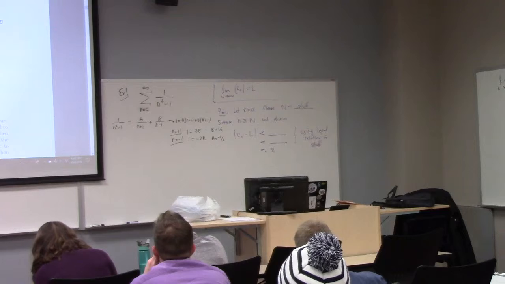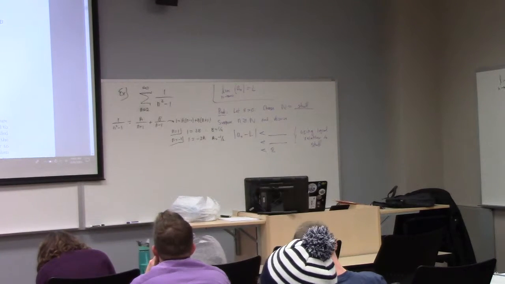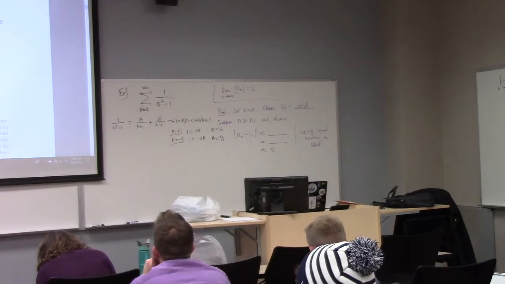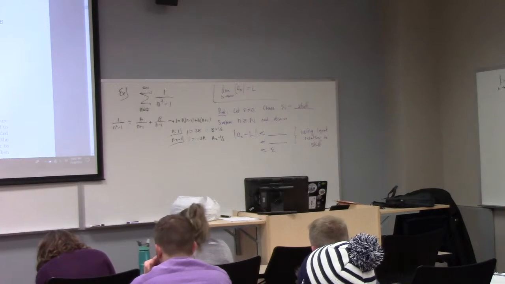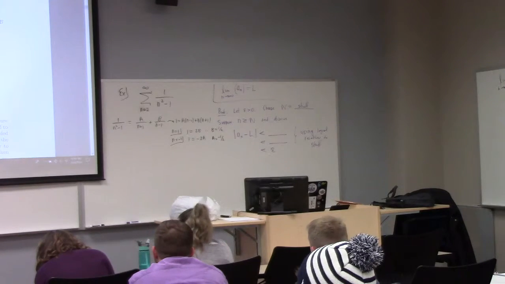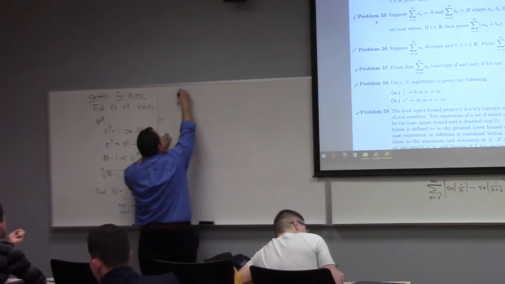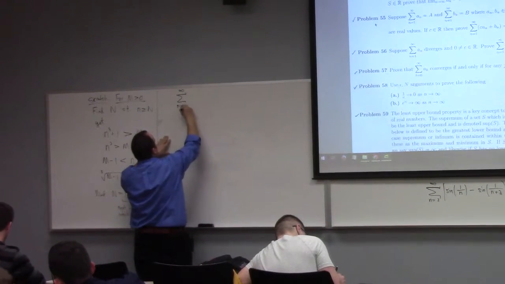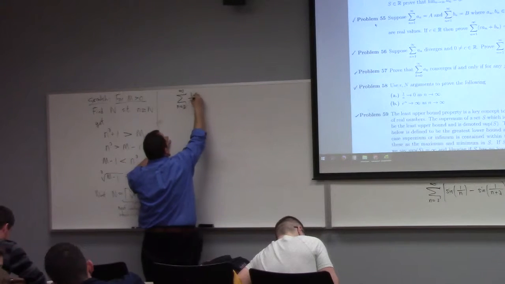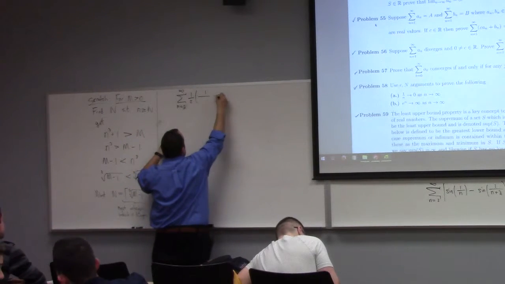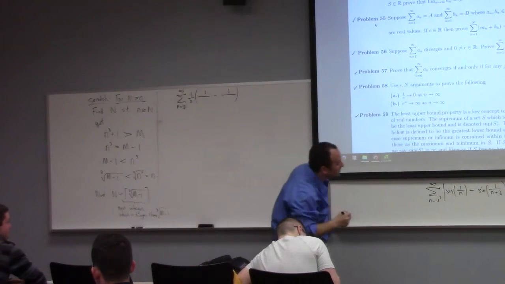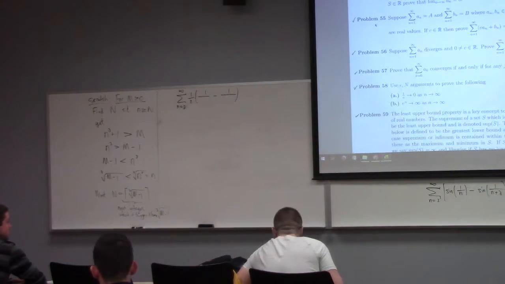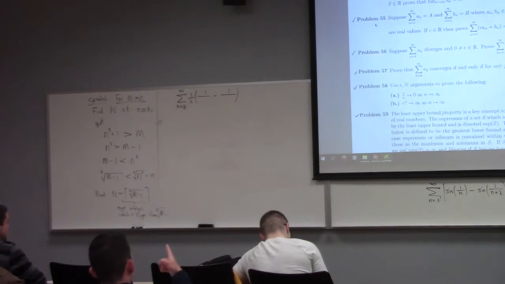Let me write it over here. So what we're really looking at is the sum, n equals 2 to infinity, of 1/2 of 1 over n minus 1 minus 1 over, what is it? So n minus 1 comes first, right?